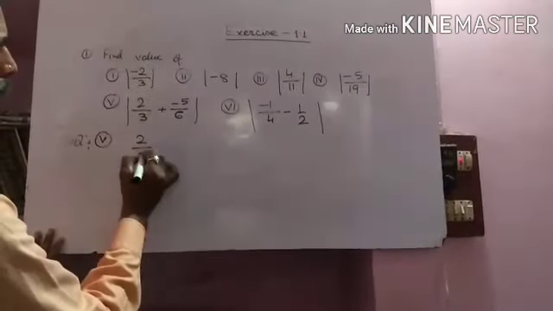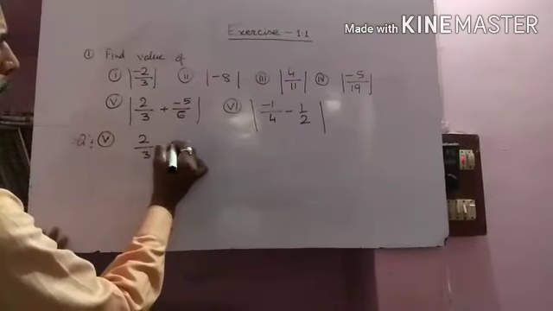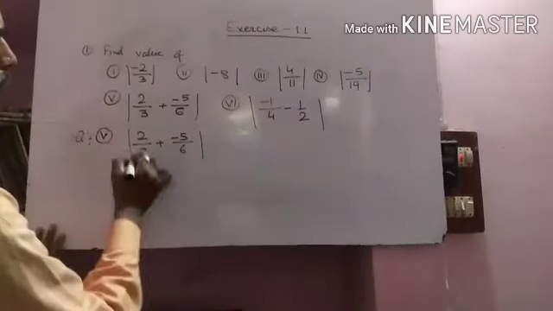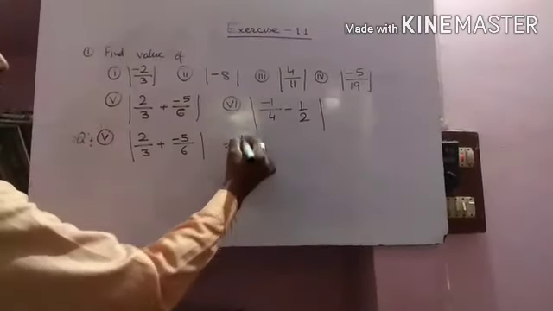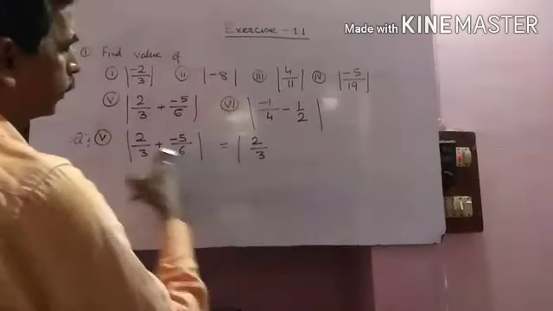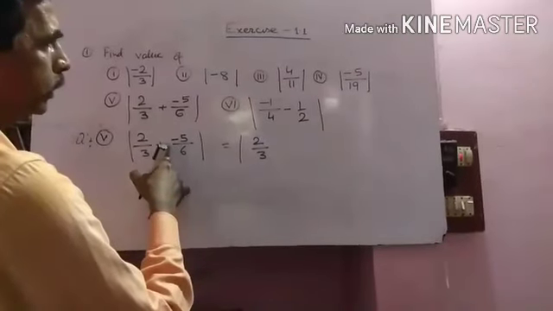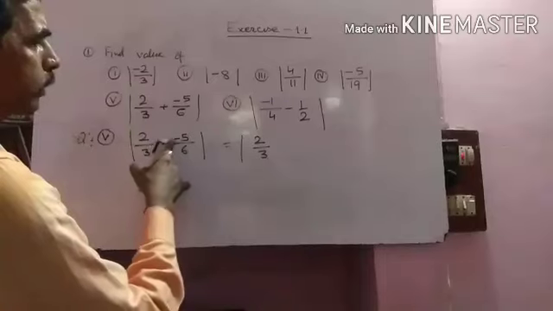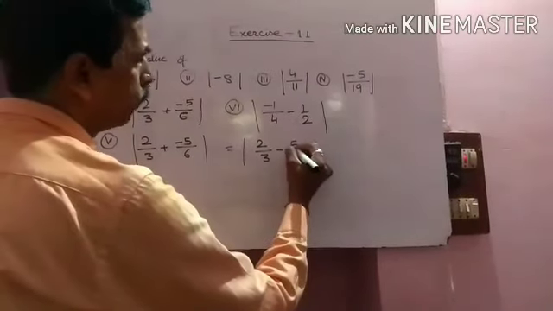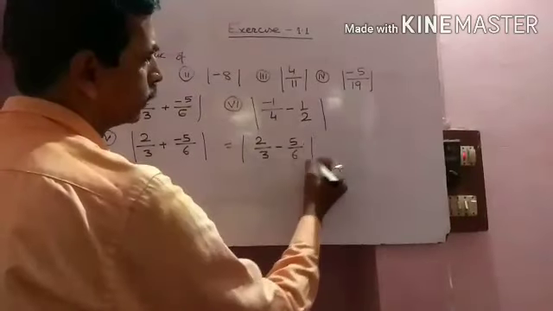2 by 3 plus minus 5 by 6 inside mode is equal to 2 by 3. That is the sign of multiplication. As you know, plus into minus becomes minus. So 5 by 6. Is it?